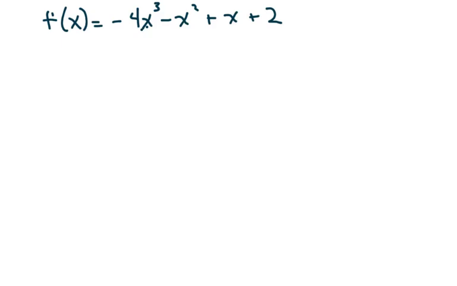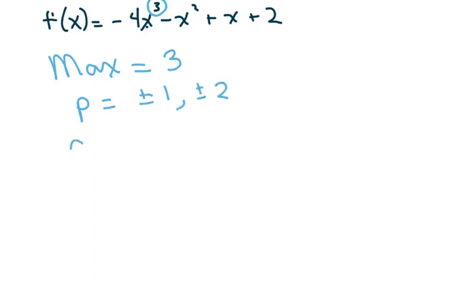So the 3 is your degree of the polynomial. So that's the maximum real zeros for this polynomial. Your P is plus or minus 1 and plus or minus 2. Your Q is going to be plus or minus 1 and 2 and plus or minus 4.